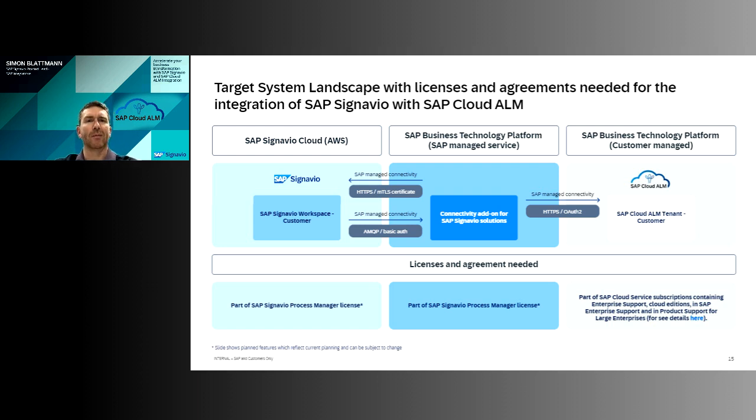There's also a question about colors. If you use different colors in Signavio, when you synchronize to Cloud ALM, I think they're actually lost, but we would need to test. We are using the stencil set in Cloud ALM, so the shapes are converted into the stencil set of SAP Cloud ALM.